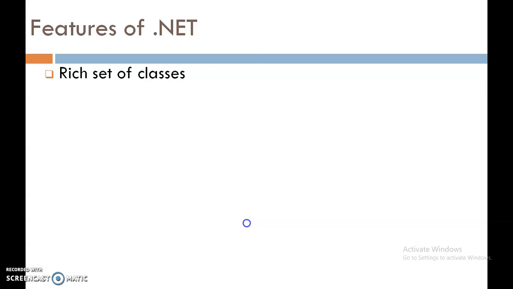In C++, the header file is iostream.h. In the same way, VS.NET contains hundreds of classes and namespaces which are used to develop an application. For example, to work with a database, we have to use the System.Data namespace. To work with input-output, we have to use the System.IO namespace.